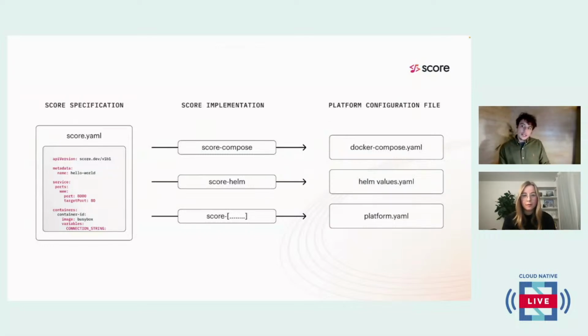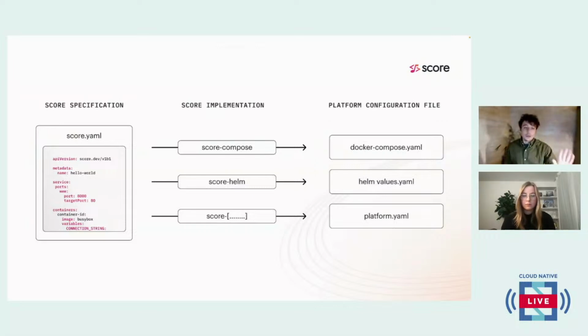So a little bit about the tool itself at quite a high level. There's a few components. So there's the SCORE specification, right, which is the spec that can be run across multiple different implementations. Okay, so an implementation relates to a specific platform or a specific piece of technology. So at the moment, we have SCORE Compose, we have SCORE Helm, there's SCORE Humanitec for the Humanitec platform, okay?